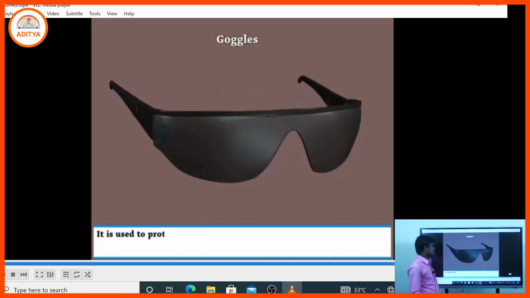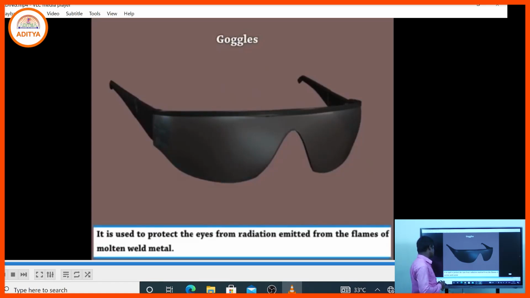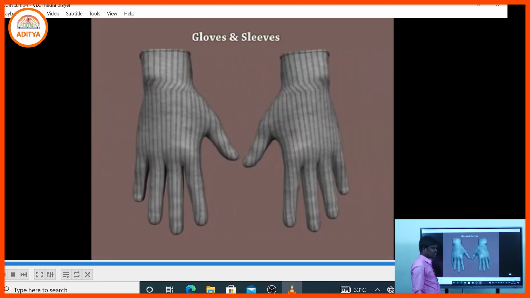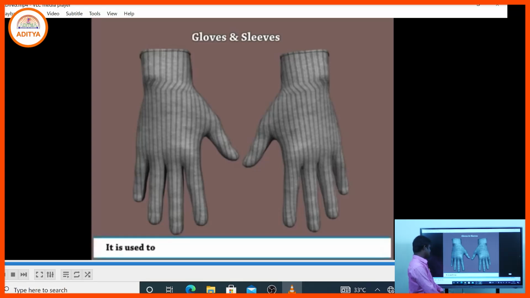We use goggles for protection from the radiation emitted from the flames and the molten weld metal. Hand gloves are also used for protection from the generated heat and metal splashes.